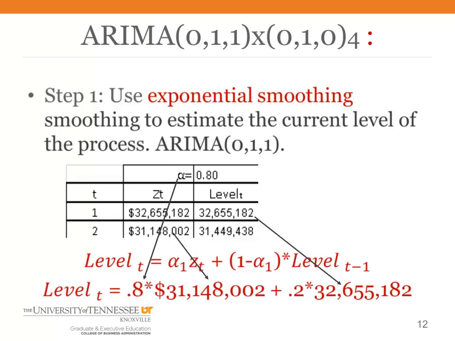Whereas before we used the current observation as the baseline, and we adjusted that using those discrepancies that we had observed last year, in this case we're going to track the level of the process using exponential smoothing. And you're already familiar with that. You just take the most recent value and multiply it times alpha, and the previous level multiply by 1 minus alpha.